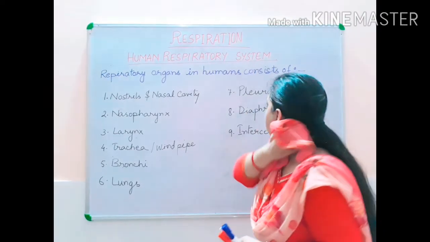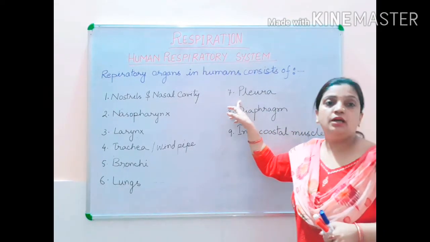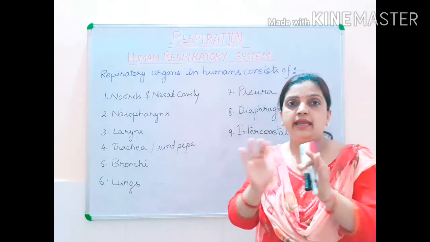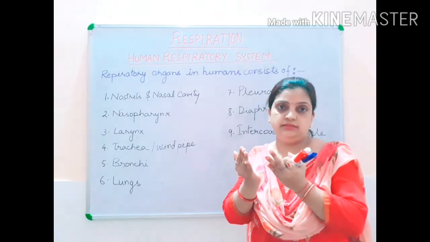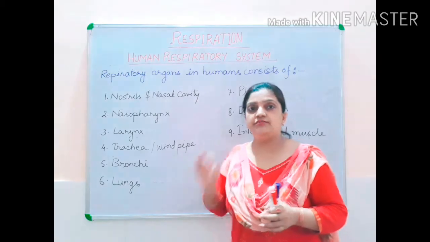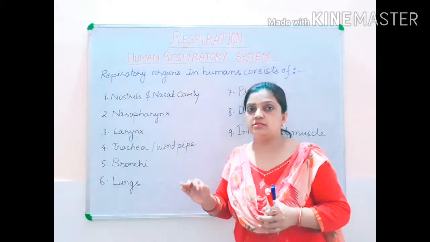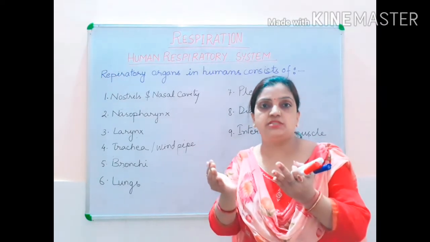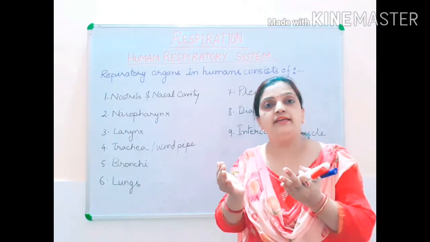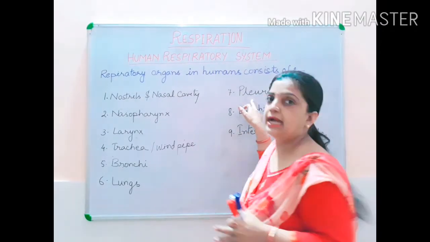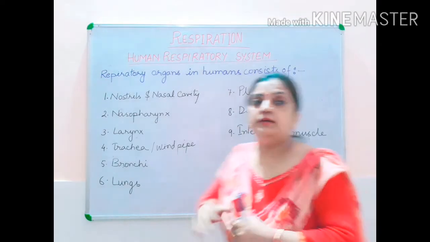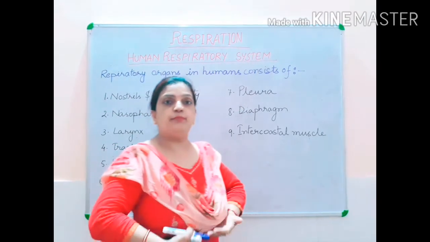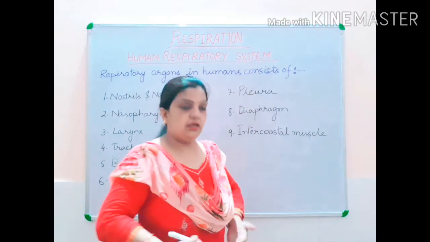I have written here the seventh part, that is your pleura. So the lungs from outside are protected by a wall. Each and every organ is protected by walls, by membrane. So the lung is also protected from outside by a membrane, by a wall, and that is called pleura.